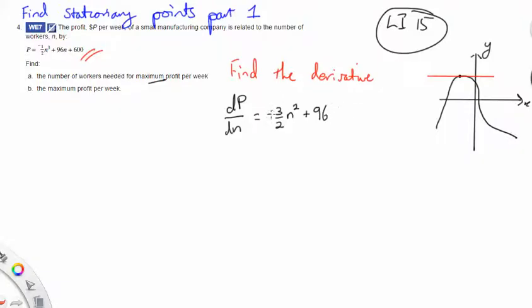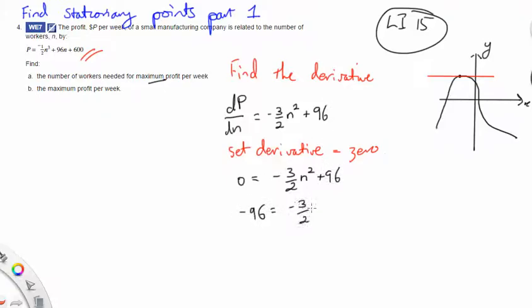Now we need to find when this is stationary, and to do that we set the derivative equal to 0, because when the derivative is 0, we know we have a stationary point. So we get negative 3 on 2 N squared plus 96 equals 0. Then we minus 96 from both sides.